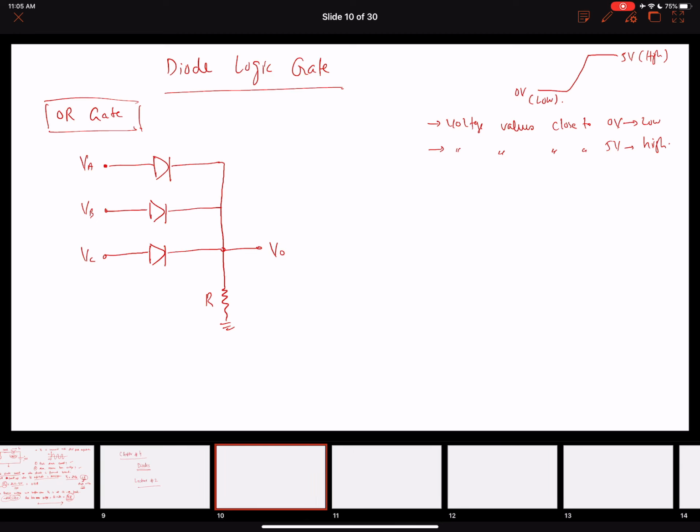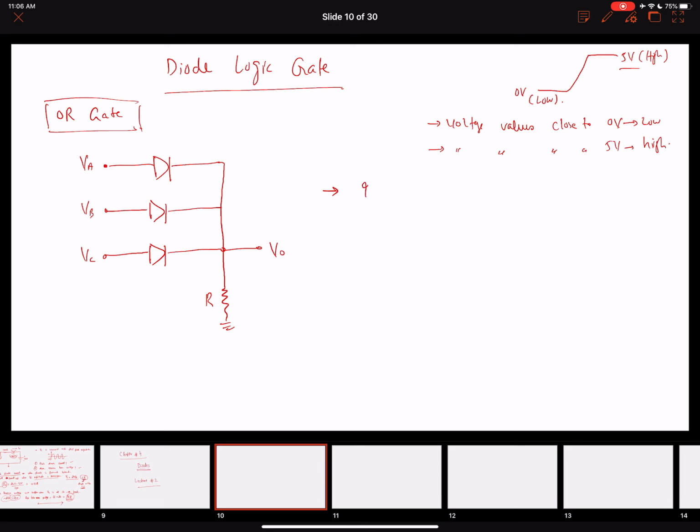We have connected a resistor to limit the currents. If you remember, in an OR gate, if any of the inputs is high, then the output is high. The output is only low when all the inputs are low. We have 3 inputs here, VA, VB, and VC, which means that if any of these inputs is high, close to 5 volts, then the output should be high.